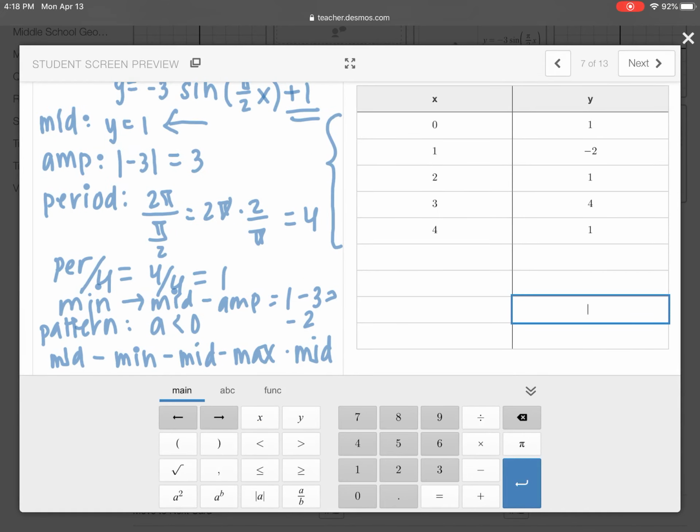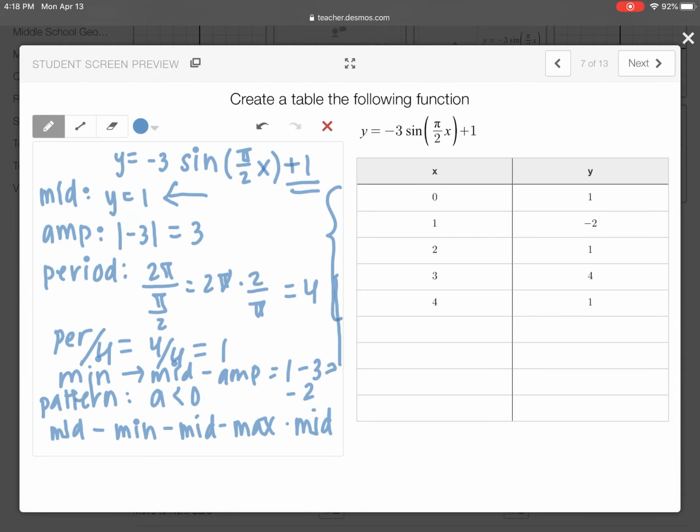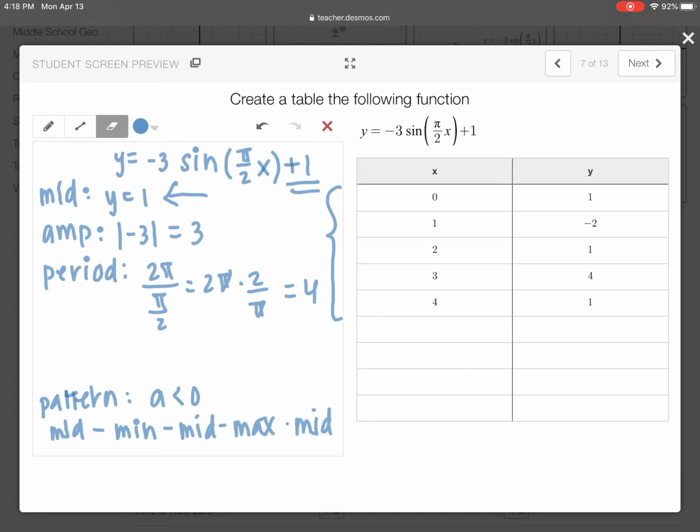All right, so this is a lot of information in our scratch pad over here. But if you guys need to rewind, you can to see how we got some of these things. So our period, let's erase this so you guys can see how we got our minimum will be 1 minus 3, which is -2, and then our max will be the midline plus our amplitude, which is 4.